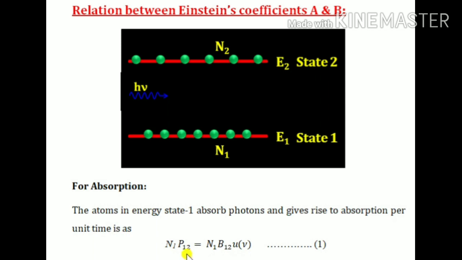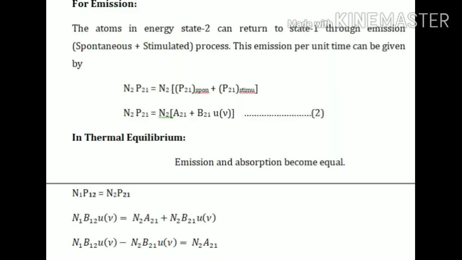This 12 indicates the transition of atoms from state 1 to state 2, and this B12 is called the Einstein coefficient for absorption or stimulated absorption. For emission, the atoms in energy state 2 can return to state 1 through emission, and this emission may be spontaneous or stimulated.